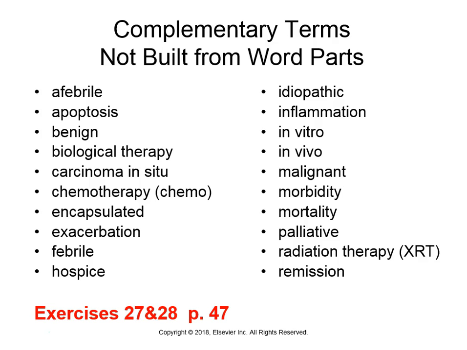Biological therapy is also called biotherapy, immunotherapy is usually what I would call it. That's where they use immune system drugs to help fight cancer. Carcinoma in situ. In situ means that it's contained.